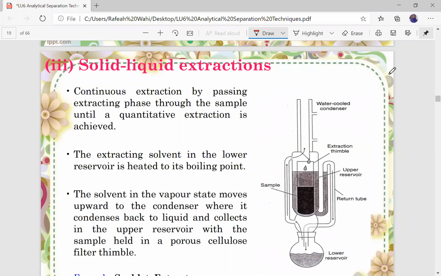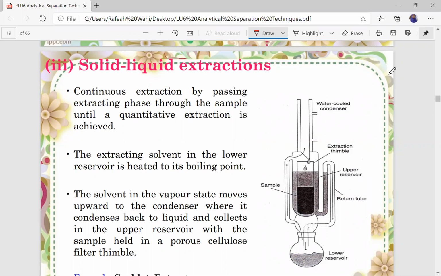Now, we move to another type of extraction, which is solid liquid extraction. Solid liquid extraction is done as a continuous extraction process, which is you pass the extracting phase through the sample until a quantitative extraction is achieved.